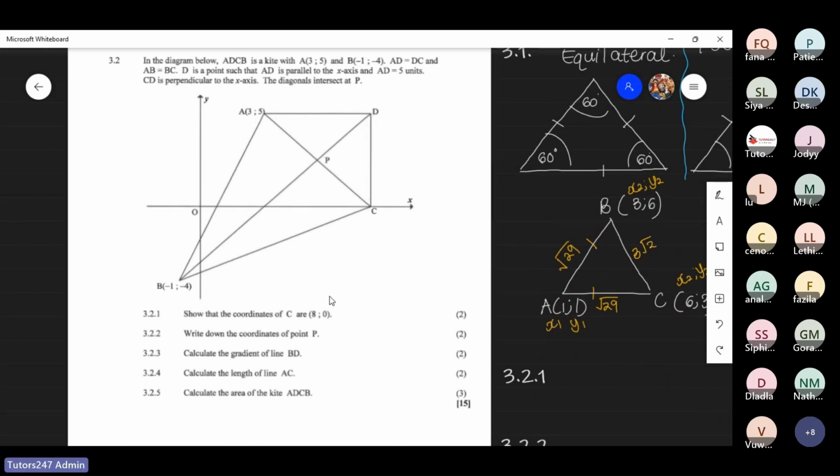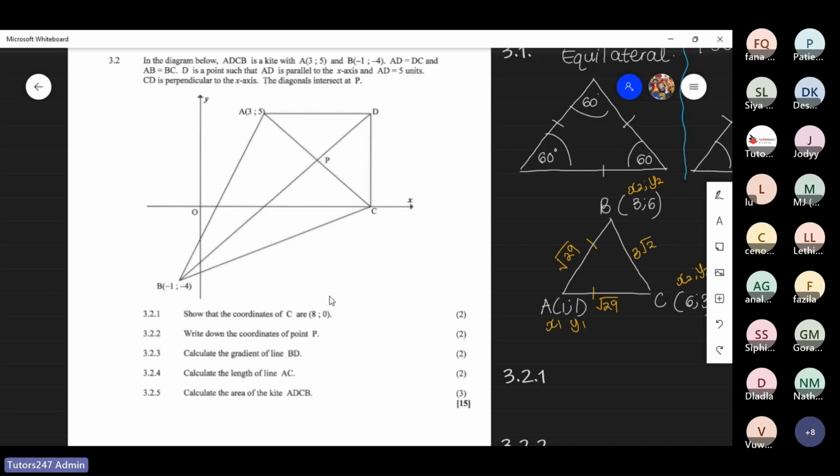So let's have a look at question 3.2. In the diagram below, ADCB is a kite with A being 3 and 5 and B being -1 and -4. So we are given the coordinates of A and B, and we are told that this is a kite.